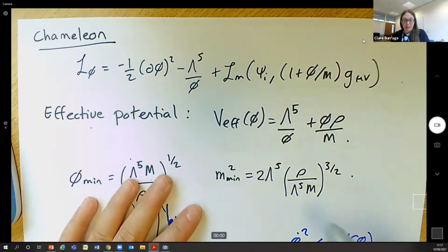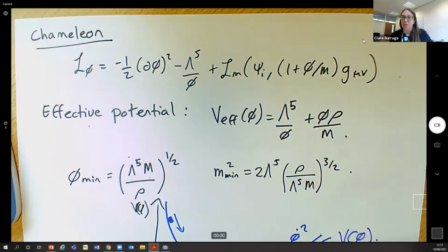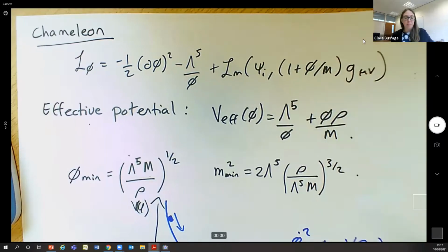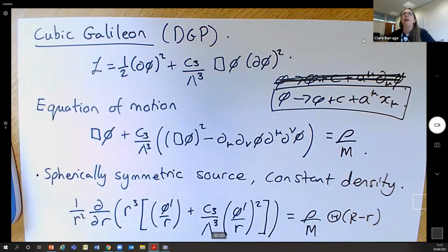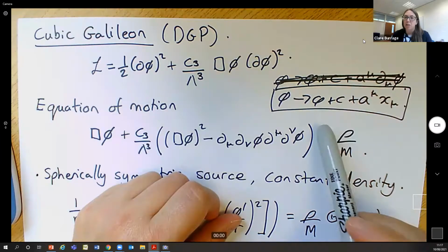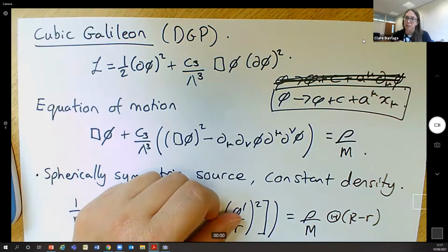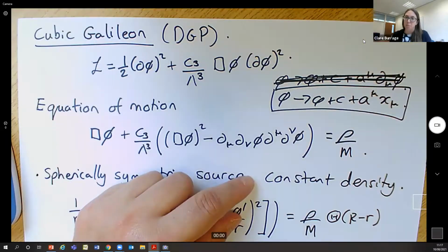But again, I made this choice because it makes the explanation of the phenomenology in terms of the fifth force clearer. So in the sense of whether we have control over the higher order operators, the Galilean models are nicer because you do have this symmetry. So you can say, I have a reason for keeping the terms in my theory that respect the symmetry, and anything that breaks the symmetry is going to be subdominant.